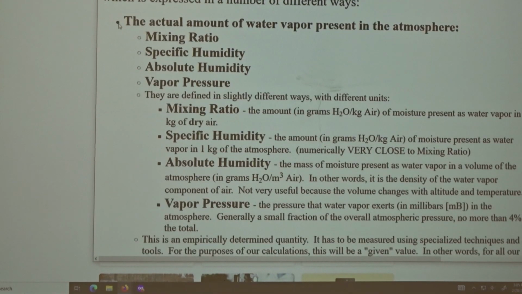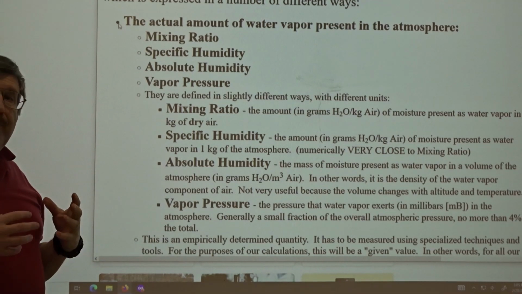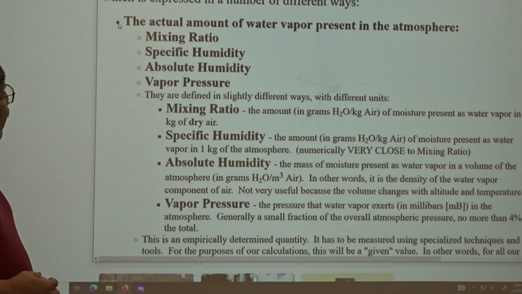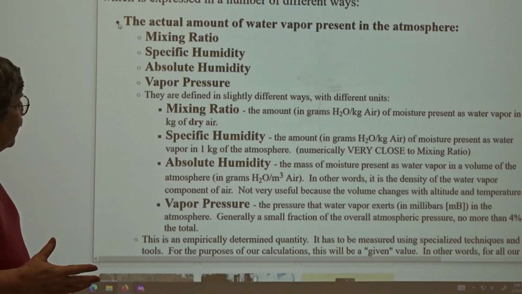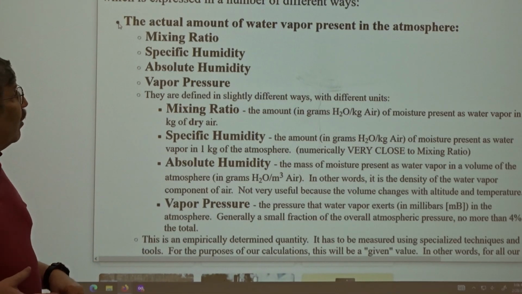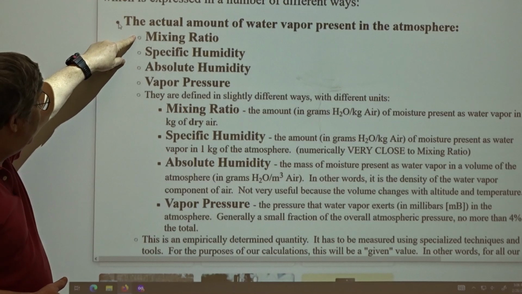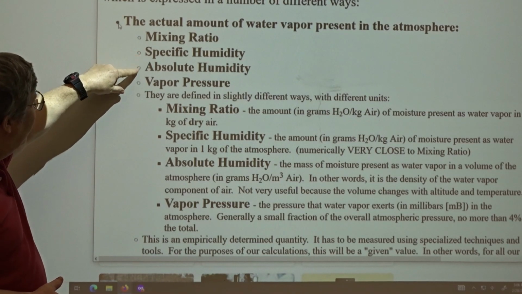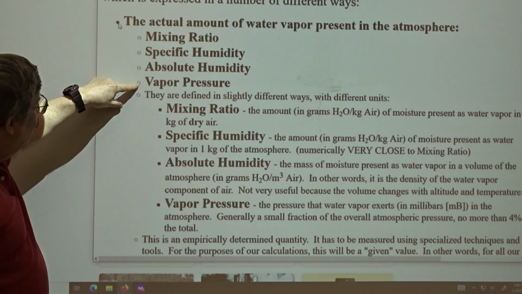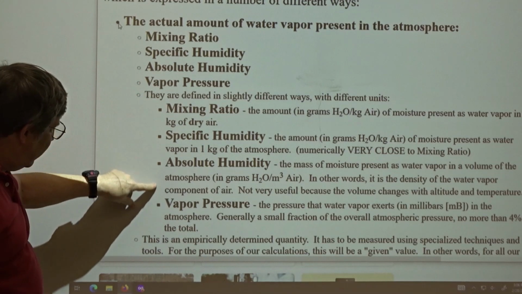The first thing you need to think about is the amount of water vapor actually present in the atmosphere. This is the amount of measurable water vapor. There's a number of different ways to measure this. We can talk about it as mixing ratio, specific humidity, absolute humidity, vapor pressure, and these are the definitions of those.